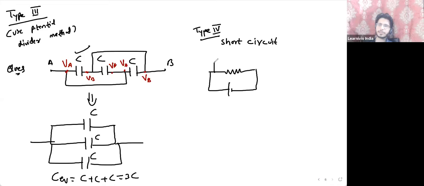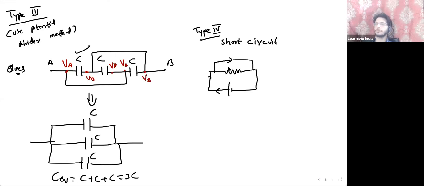But if I connect the two ends of the bulb through this wire, then bulb will not glow because current will come here, and then current will come here. Current will not pass through this resistor.